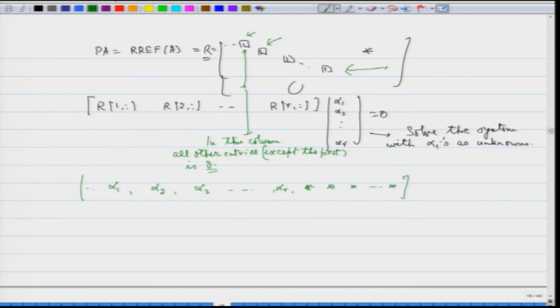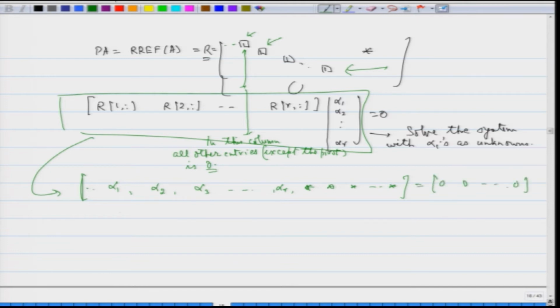Is that okay? So, this multiplication is basically giving me this vector, and we are saying that this vector is 0, 0, 0 here. So, this will imply that alpha 1 is 0, alpha 2 is 0, alpha r is 0. Therefore, I get that this is the only solution.